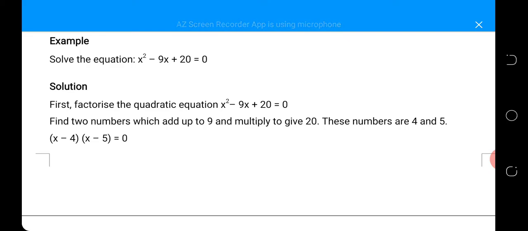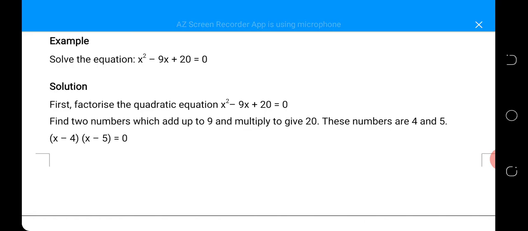The first step is to factorize this equation. Let's factorize x squared minus 9x plus 20 is equal to 0. To factorize this, remember, the first thing is to open two brackets and put x in each bracket because the highest power of our x is 2.